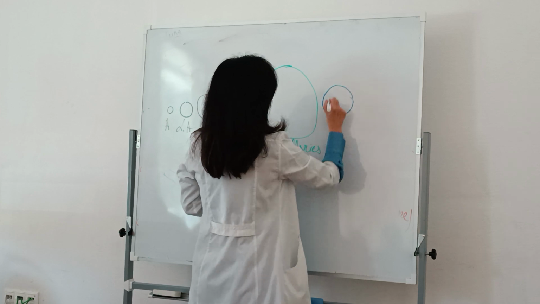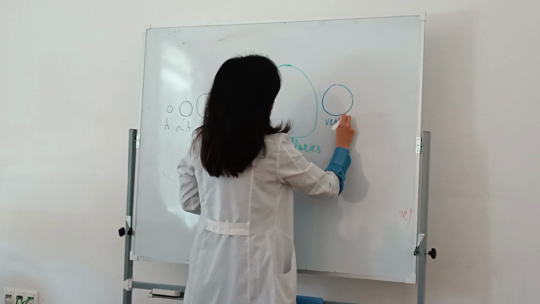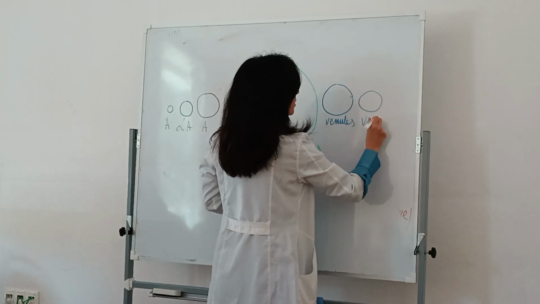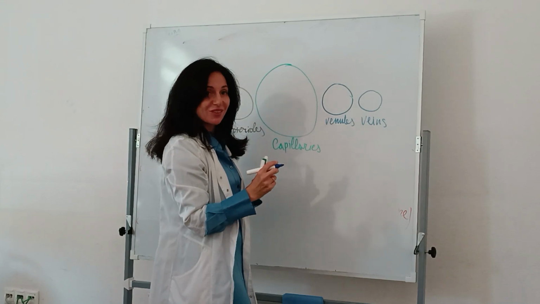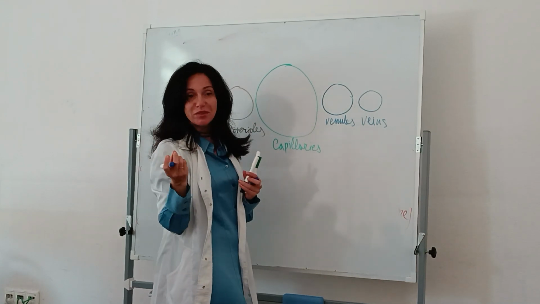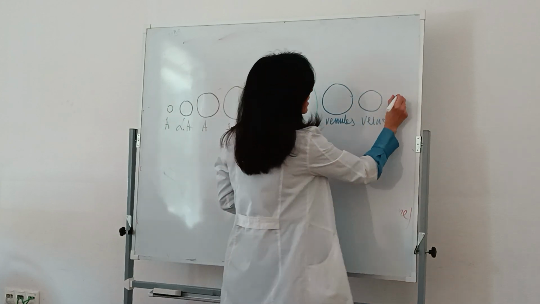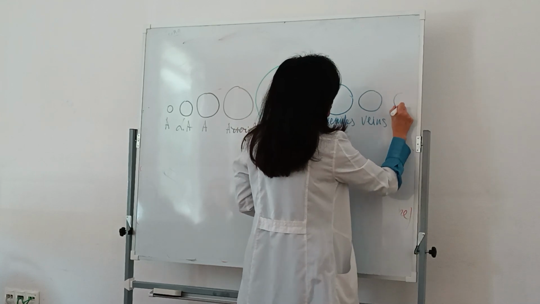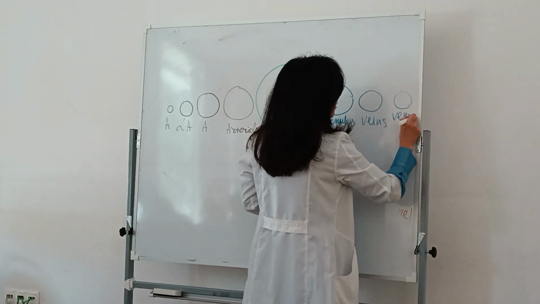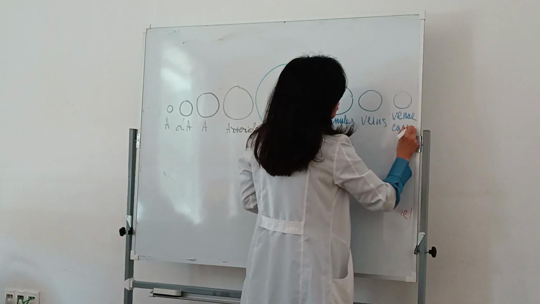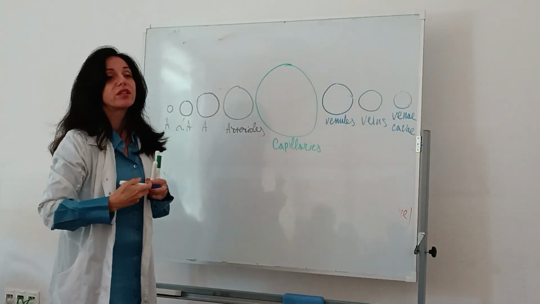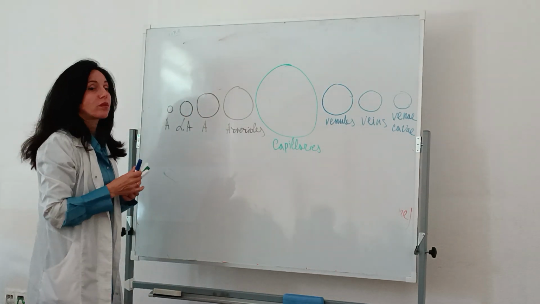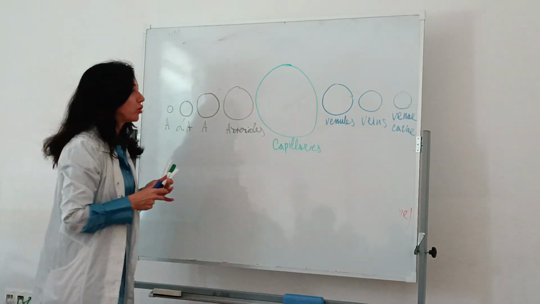Then veins. And the last blood vessel, the vena cava. We have superior and inferior vena cava. The inferior is the main one, but the superior also has a role. The vena cava leads to the right atrium.